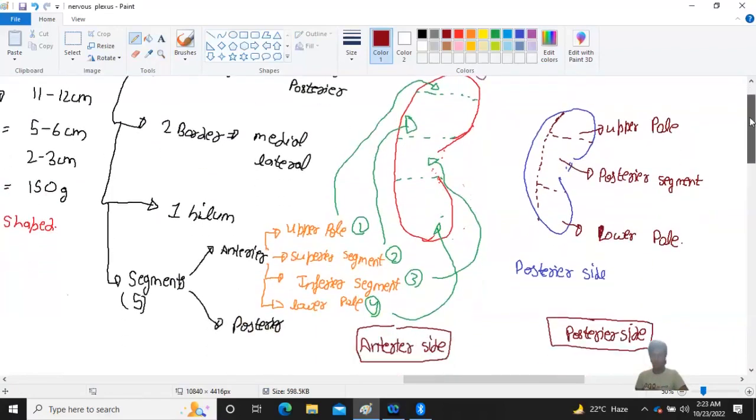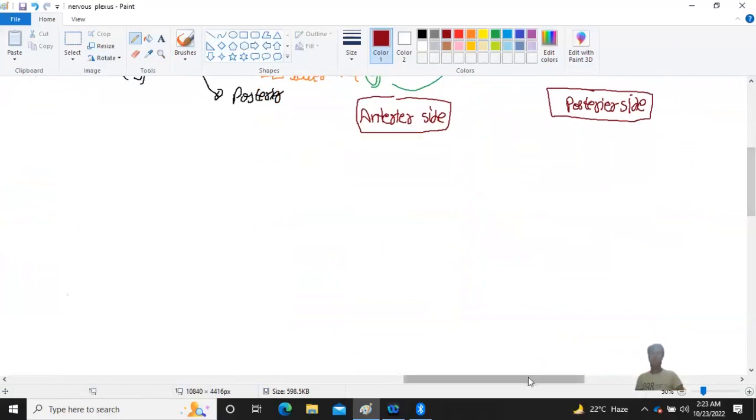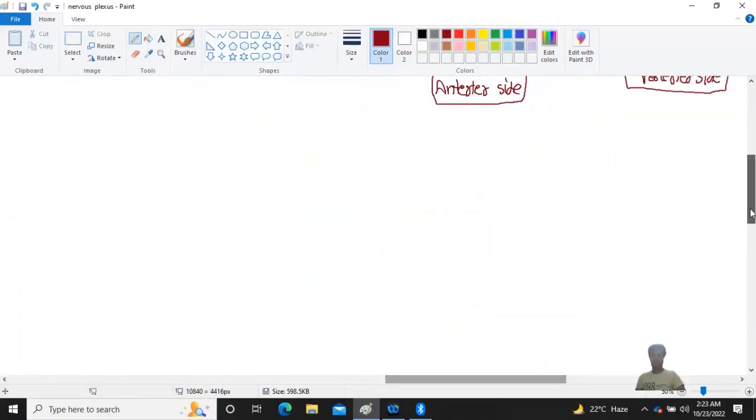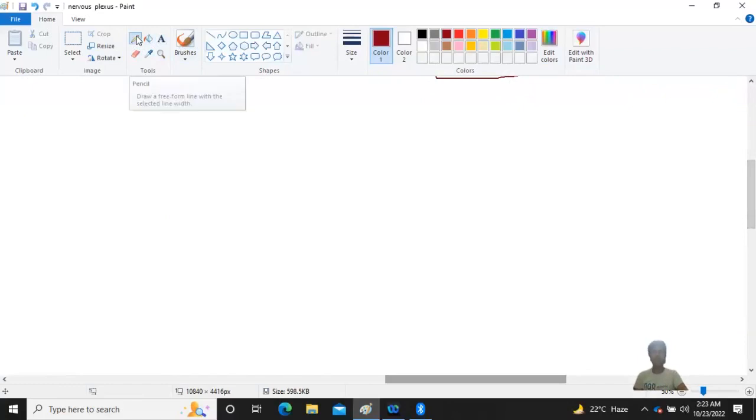Now come to the orientation of the kidney. How is it oriented? For kidney location, we use a parallelogram-like figure, which is called Morris's parallelogram.